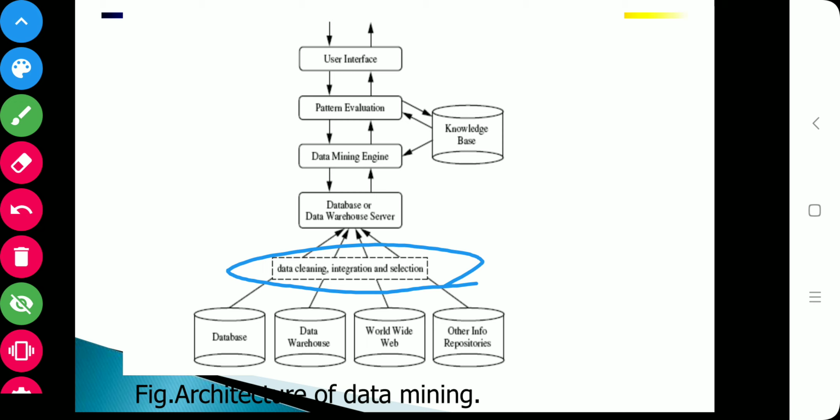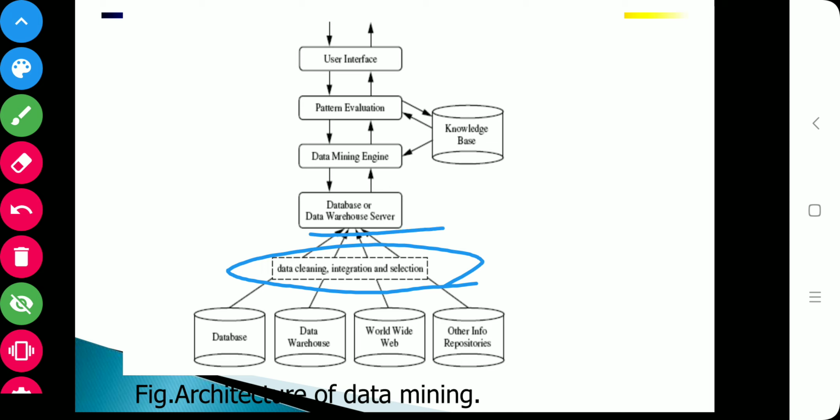If there is noisy data, clean that noise. Data integration means integrating or merging the heterogeneous sources of data. And selection means the data which is relevant to the analysis tasks is retrieved from this huge data.